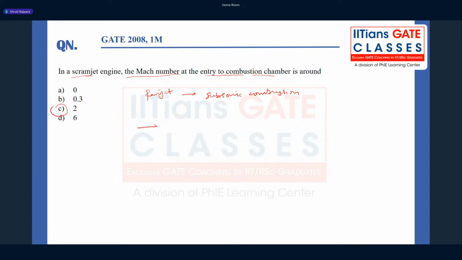So whatever high supersonic speed, let's say Mach 2, enters a ramjet engine, it will slow down to subsonic speed before entering the combustion chamber. Whereas in a scramjet, as it says supersonic combustion ramjet, the Mach number at the entry to the combustion chamber is 2.